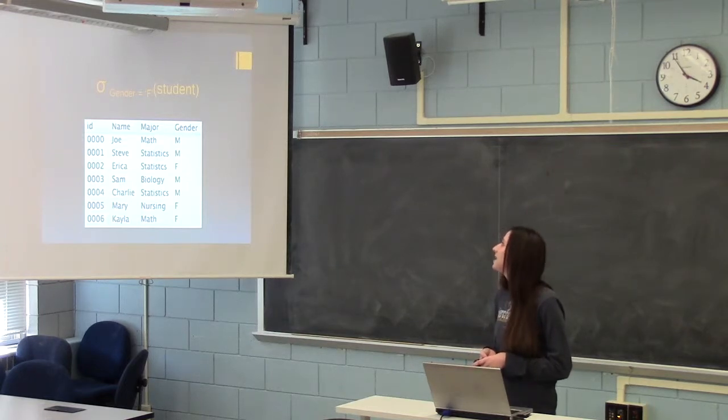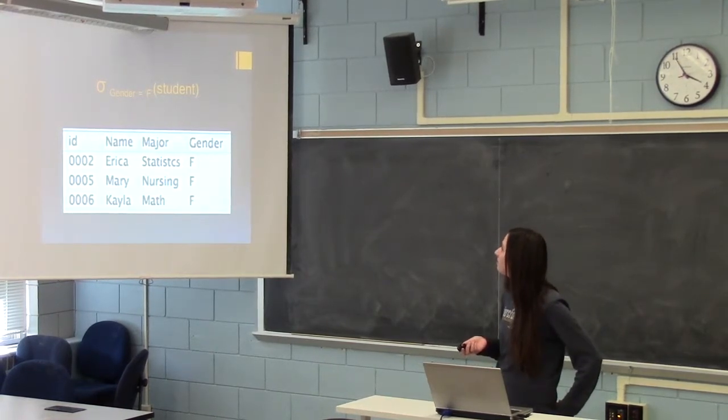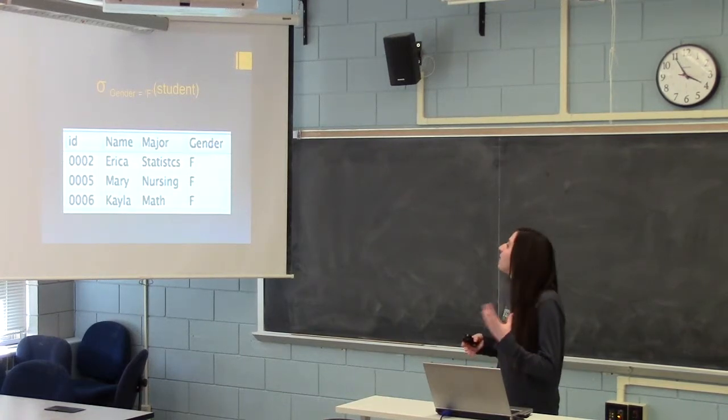Also, as you can see, I have the letter F in single quotation marks, and that means we're going to be looking at a string. So it's not going to be looking for lowercase f or j or g or anything like that. It's only going to be pulling out rows that have the uppercase F under gender. When we run this in SQL, it's going to pull out this subset table as our final table.